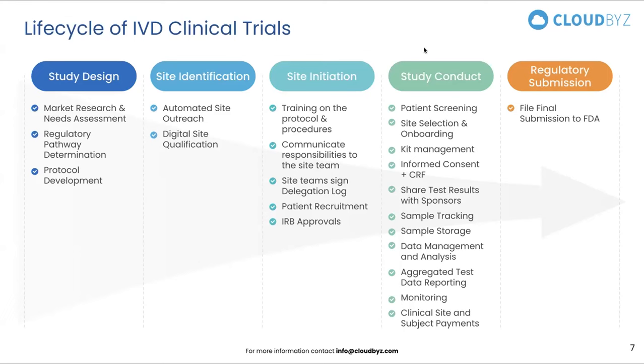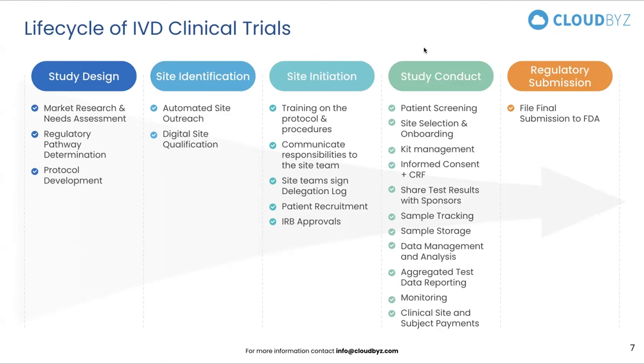Again, we can use digital platforms for doing this, which will make the process more efficient and scalable. Automated site outreaches help in identifying sites with the necessary capabilities and access to suitable patient populations. And once these potential sites are identified, we perform a site qualification. Again, better if done through digital means. And this involves doing site feasibility analysis as well.